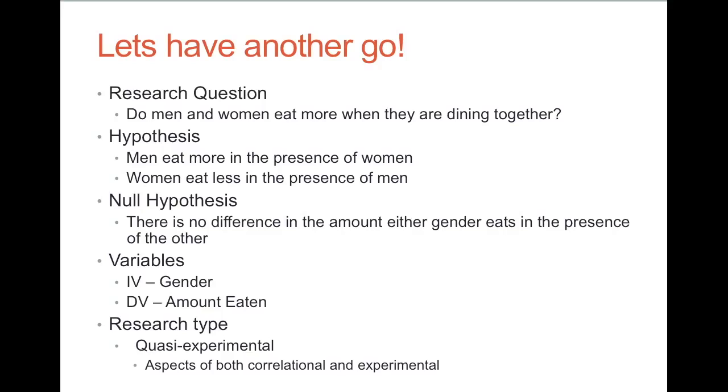As I said, it's a quasi-experimental design, and it is so because it has aspects of both correlational and experimental. We are not manipulating anything, but we are separating things out into different groups in order to identify some characteristic.